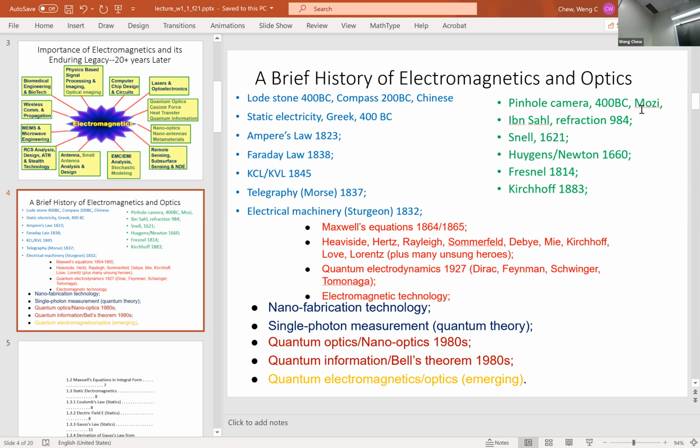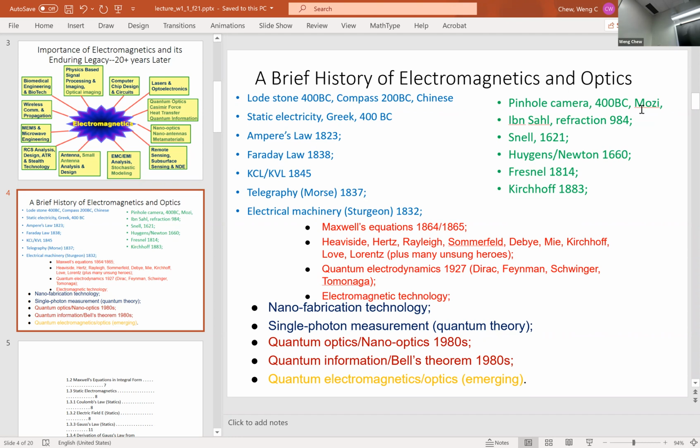It was not until 1865 when James Clerk Maxwell published his theory. And his theory shows that light and electricity and magnetism can be described by one set of equations called Maxwell's equations. Okay, so because of that, then everybody jumped on the bandwagon and started to study these equations mathematically.